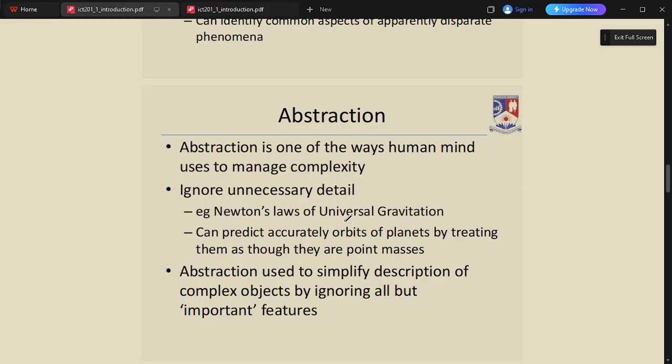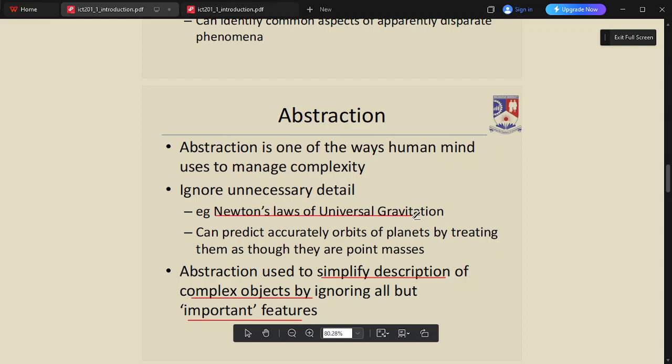That part where they ignore the size, shape, and the atmosphere is what we're calling abstraction. Abstraction is used to simplify the description of complex objects by ignoring unimportant features, just like I have explained about Newton's law of gravitation there.